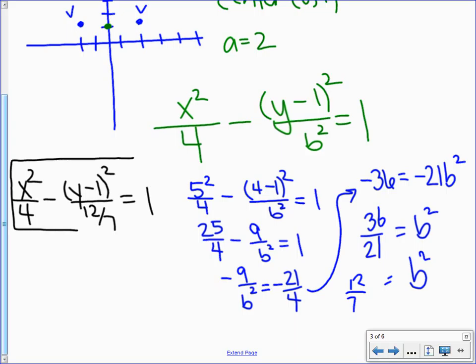Now, typically, do I like fractions in a fraction? Typically, I do not. However, in this case, I like to be able to identify a and b, and so I am okay if you write fractions in your denominators when you have the standard form of an ellipse or hyperbola, because then it's easier to identify a and b.